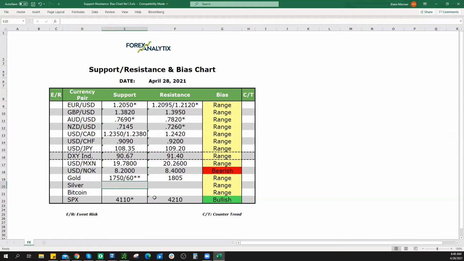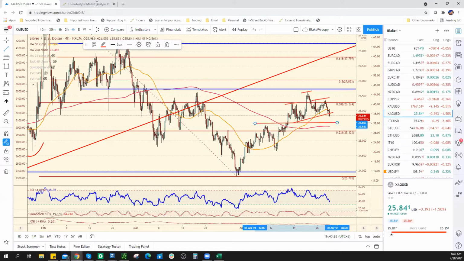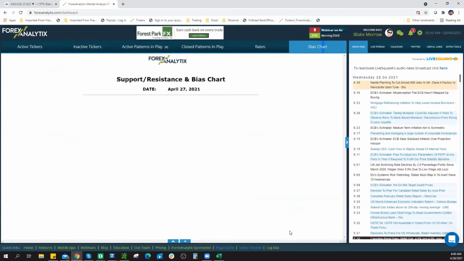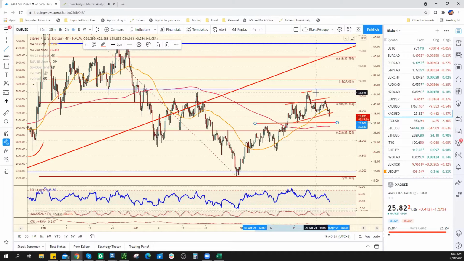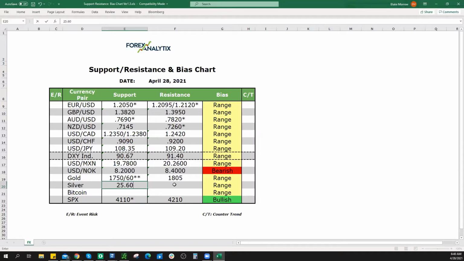I think that's what we wrote down yesterday. Hold on, I'll check. Yep. It should be 26.80, but I think we wrote down 26.70 yesterday, which is fine.